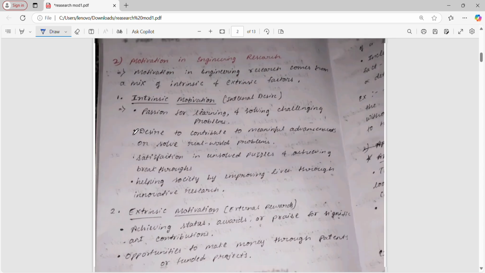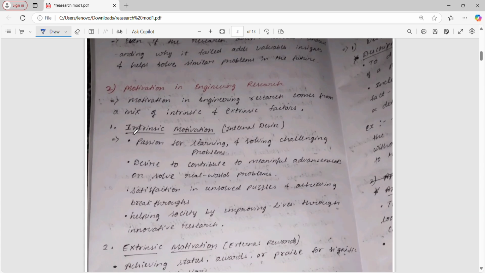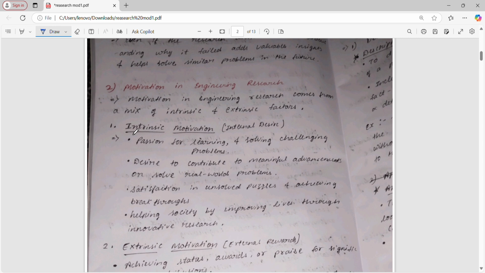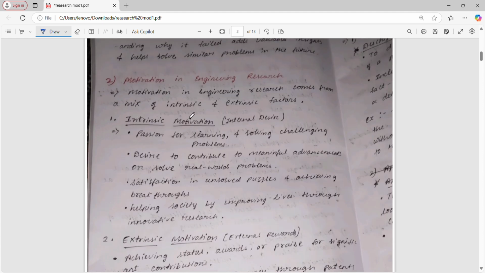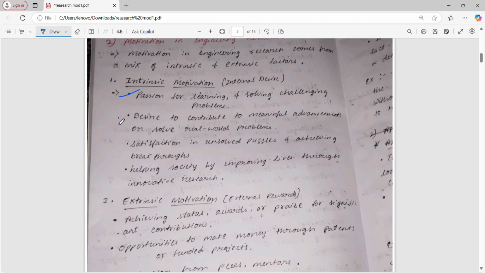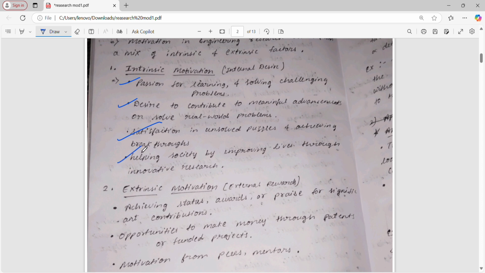These are the motivations in engineering research. Motivation in engineering research comes from a mix of intrinsic and extrinsic factors. Intrinsic motivation means you are motivated by yourself: passion for learning and solving challenging problems, desire to contribute to meaningful advancement or solve real-world problems, satisfaction in unsolved puzzles and achieving breakthroughs, and helping society by improving lives.